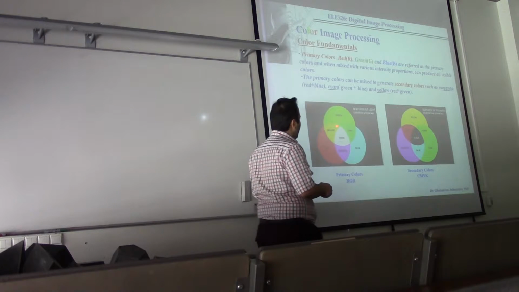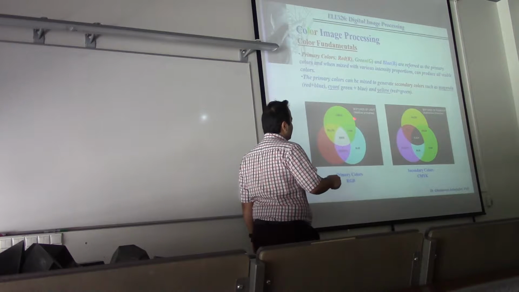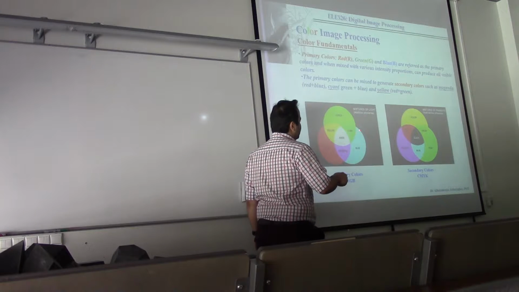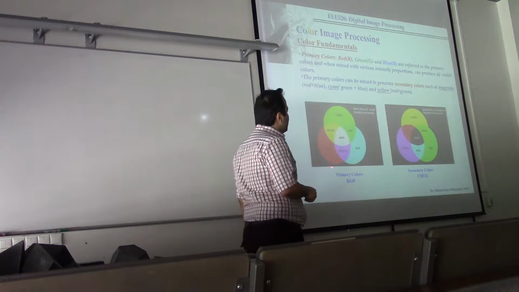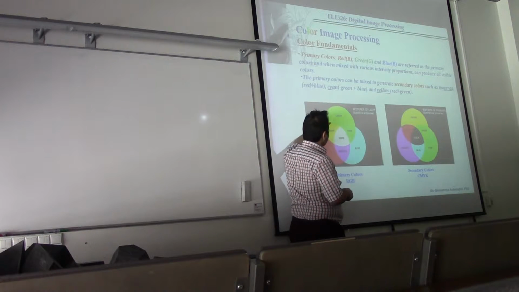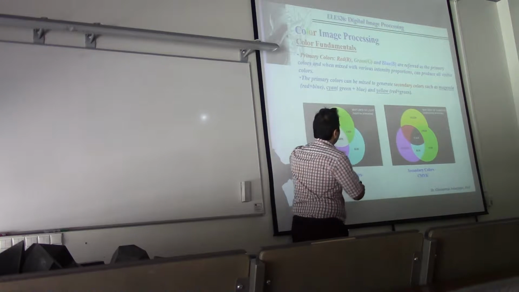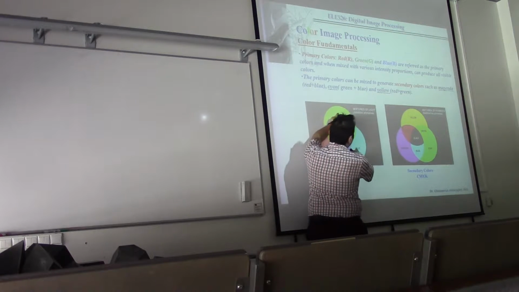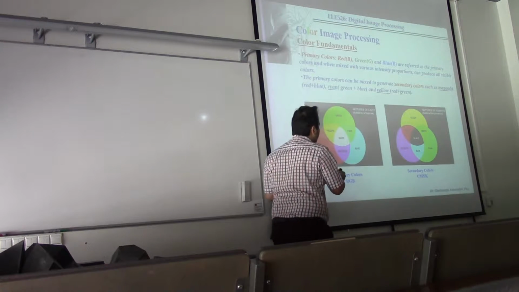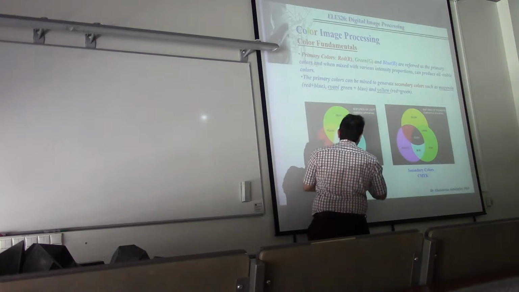As you can see here, if we assume this circle is green, this circle is red, and this is the blue one, when we combine green and red in this area, we have yellow. When we mix green and blue, we have cyan, and when we mix red and blue, we have magenta.